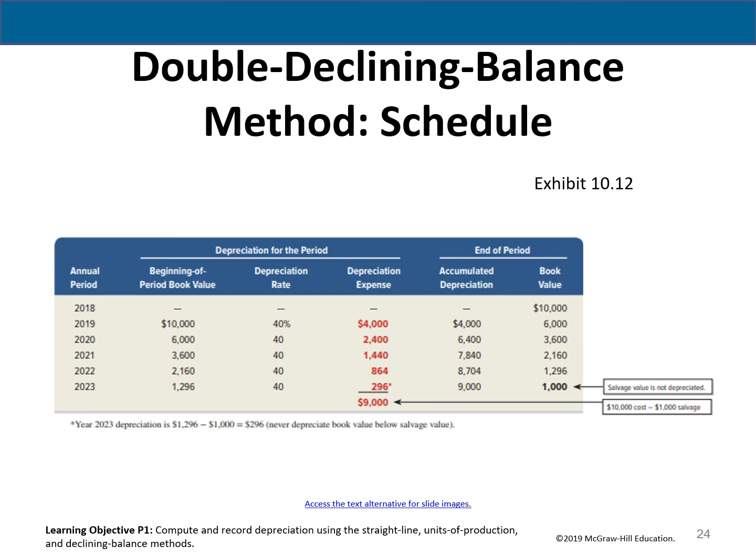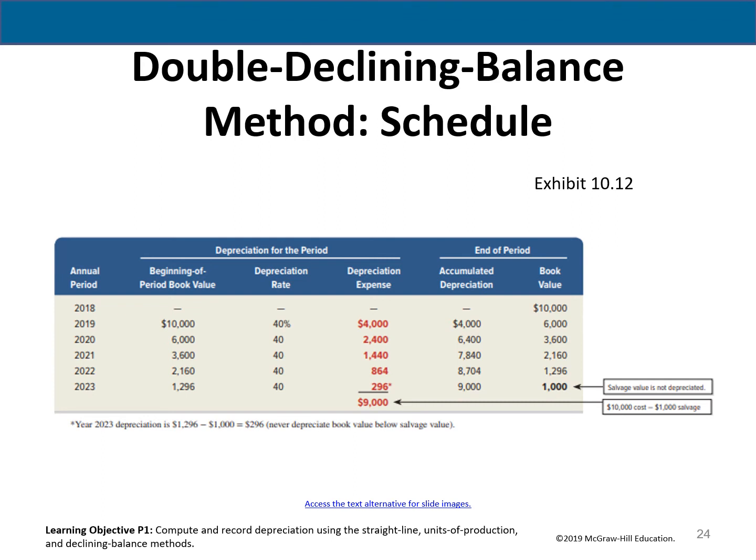Going into the next year, use that new book value of $2,160 times 40%. That gives us depreciation expense of $864. That will be the amount we put in our journal entry. When we make that journal entry, it's going to increase accumulated depreciation from $7,840 up to $8,704. Now our book value is at $1,296. Cost $10,000 minus the accumulated depreciation of $8,704.